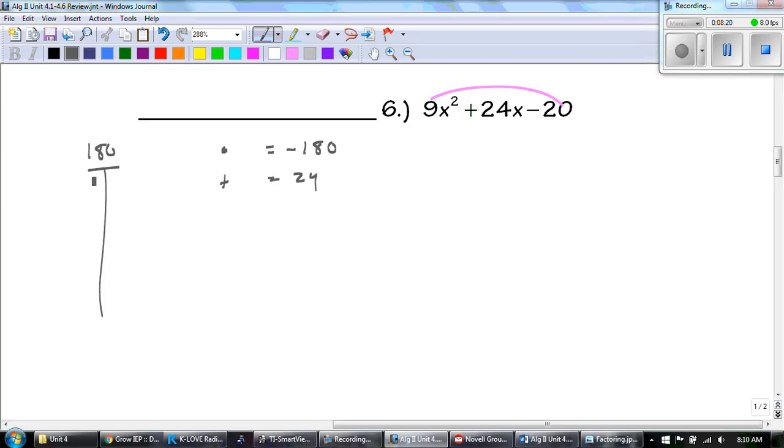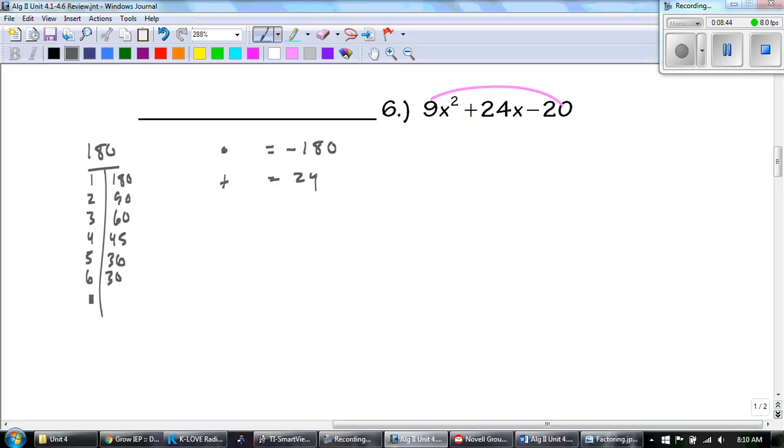So 180, we got 1 and 180, 2 and 90, 3 and 60. Does 4 go into it? Yeah, it does. 4 and 45, 5 and 36, 6 and 30.